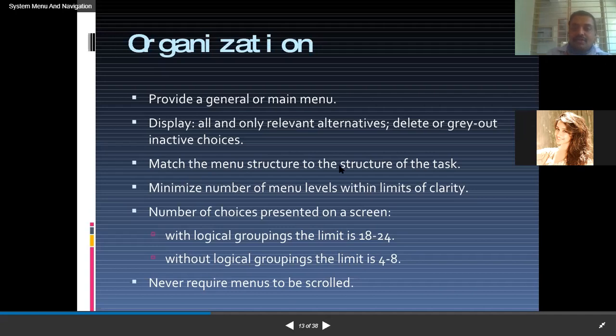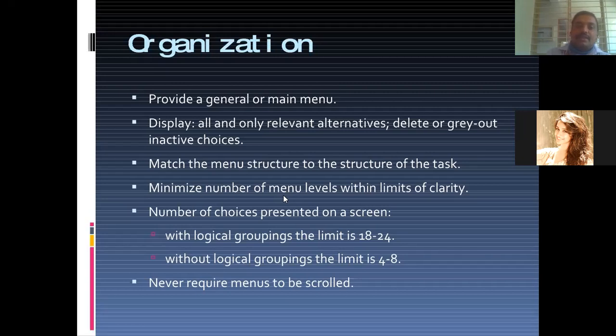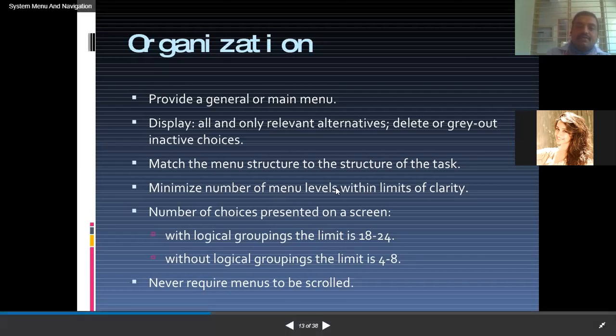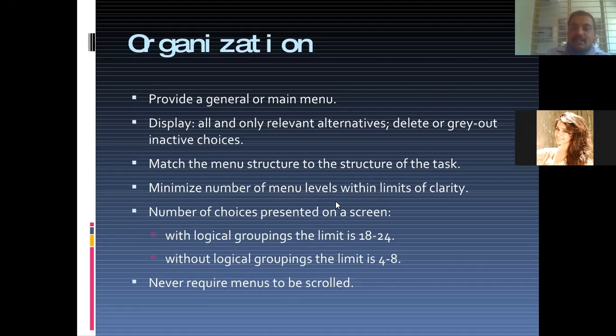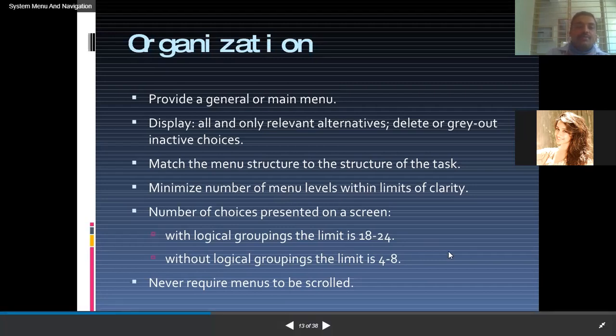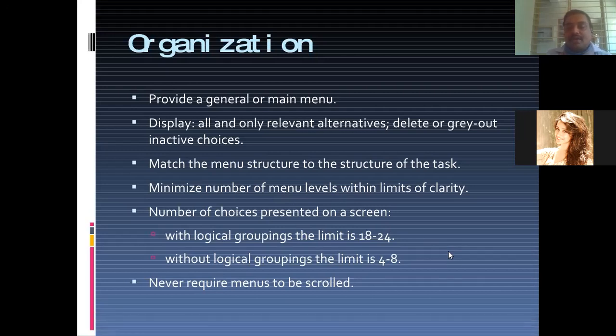Similarly, match the menu structure to the structure of the task. Minimize the number of menu levels within the limit of clarity, and the number of choices presented on screen: without logical grouping the limit is 18 to 24, with logical grouping the limit is 4 to 8. So as a designer of the graphical interface, you have to follow these rules.